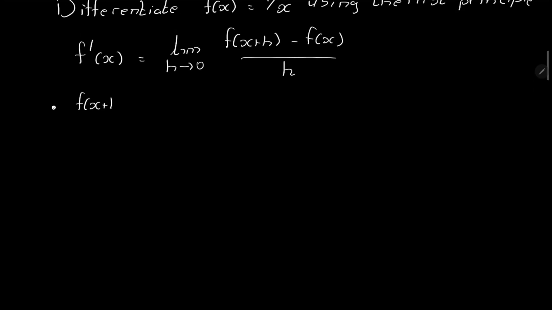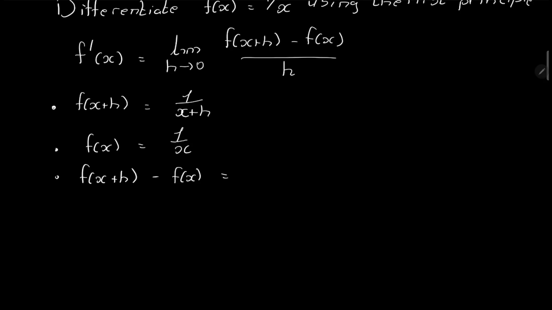F of x plus h is the same thing as what? 1 on x plus h. F of x is the same thing as 1 on x. So f of x plus h minus f of x is the same thing as 1 on x plus h minus 1 on x.